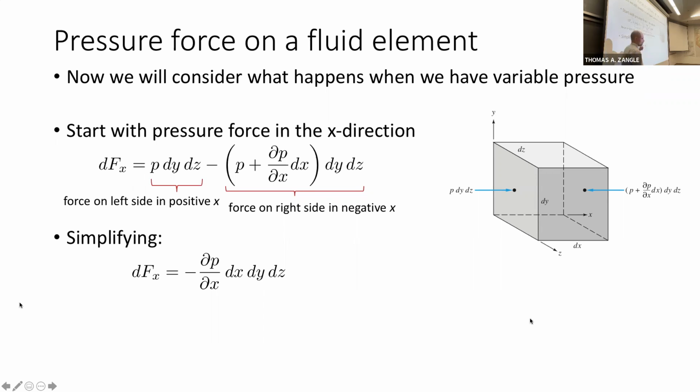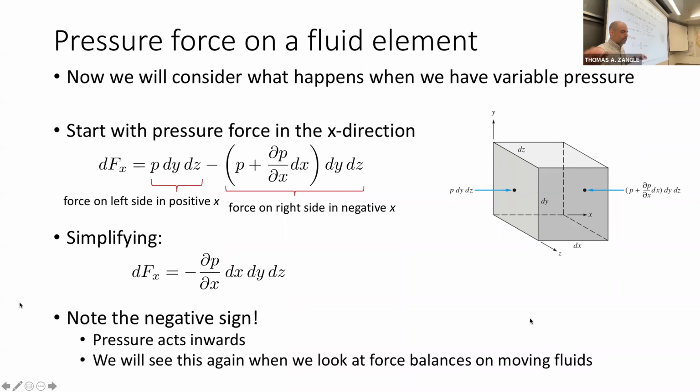So if we have a variable pressure field, in this case variation in x, it gives rise to a net force on fluid elements in the x direction. Pressure acts inwards, and we're going to see that negative sign over and over again.